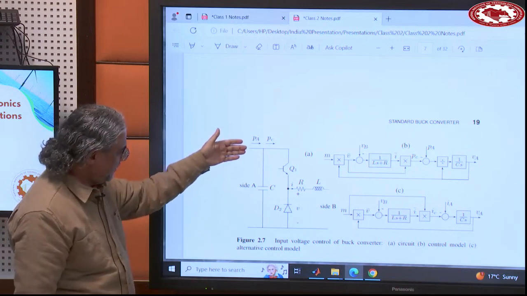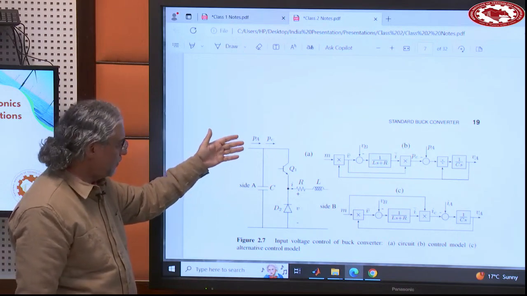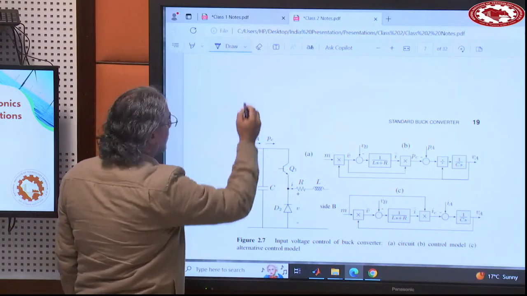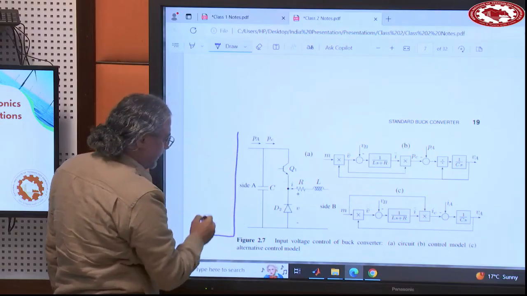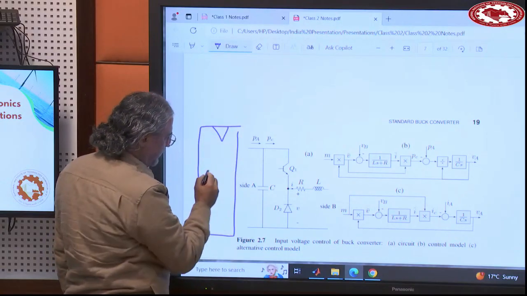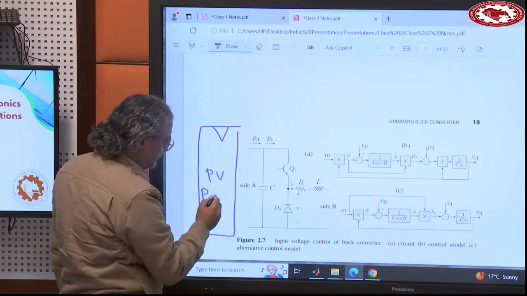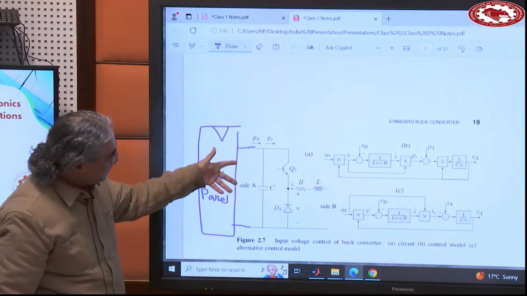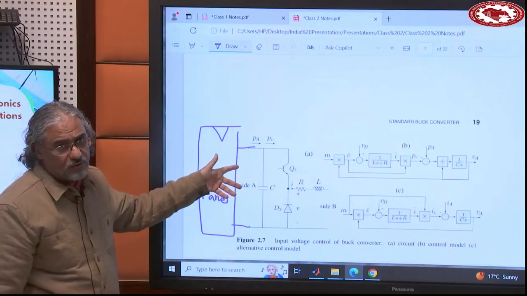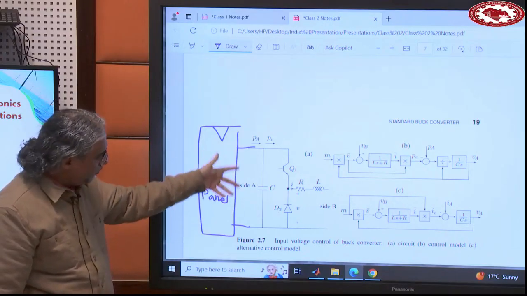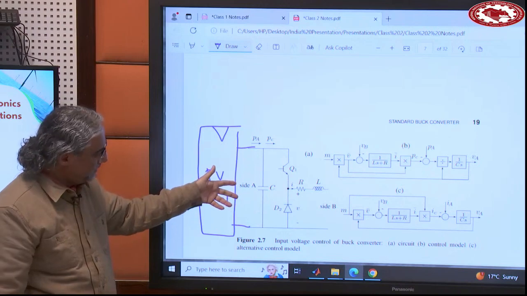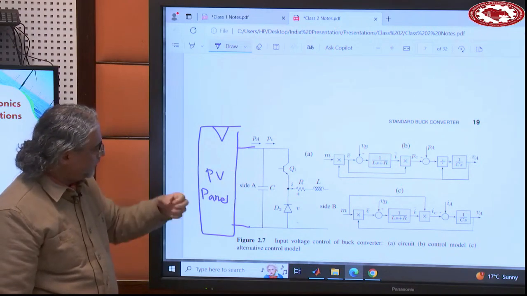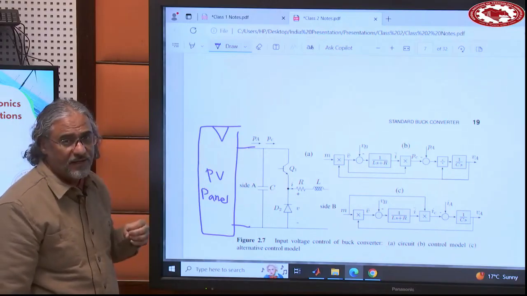For instance, this is the application if you want to have a buck converter connected to, let's say, some solar panels here, a PV panel, and then you want to control the voltage across the PV panel. Why do you want to control the voltage across the PV panel? Because by controlling it, as we will see tomorrow or the day after tomorrow, you can control the amount of power that you can extract from the PV panel.